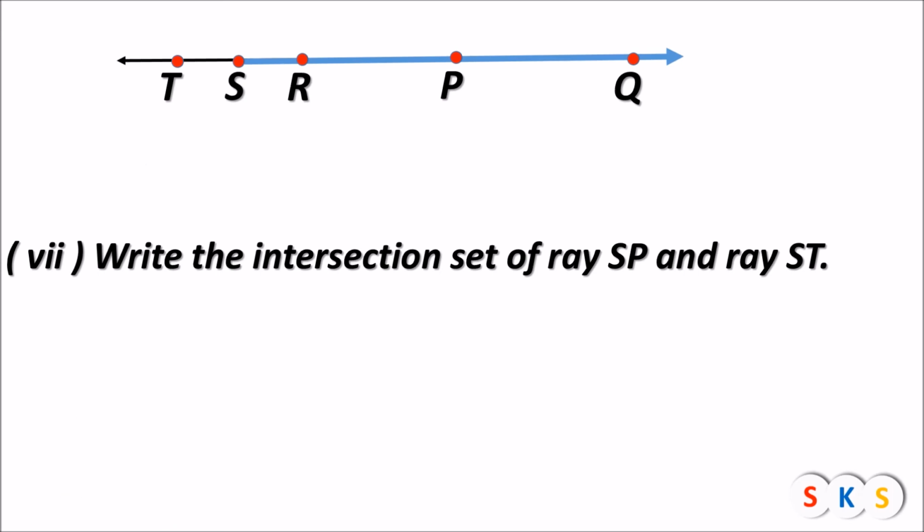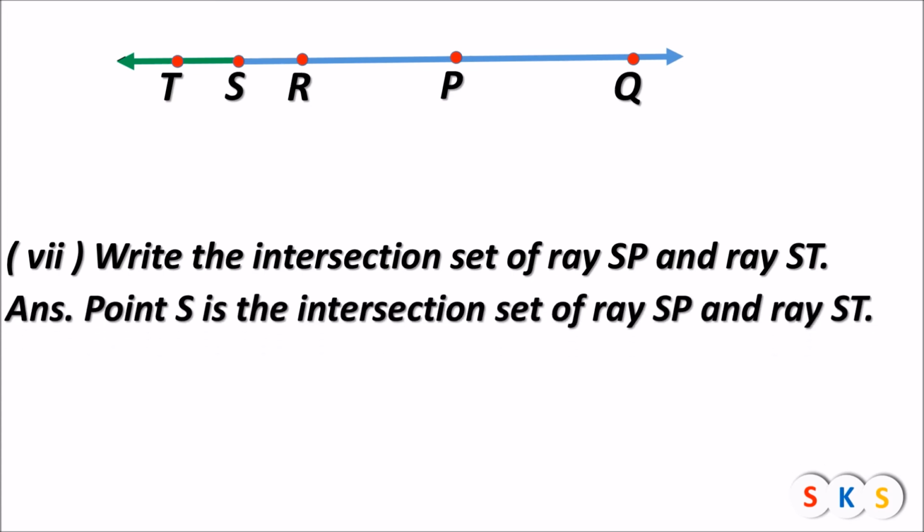Ray ST. What is the starting point over here? S. So what is common in these two rays? This point S is common in both the rays. So what is the intersection of both the rays? It is point S. Yes, point S is the intersection set of ray SP and ray ST.